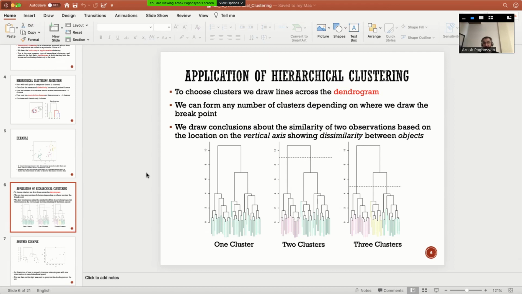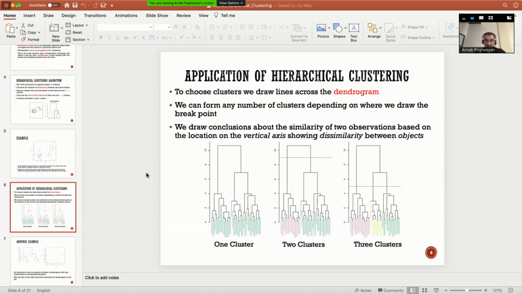When you have a multi-dimensional case, you don't have any visualization opportunities. So you can just draw the corresponding dendrogram, because independently of how many dimensions you have, you always have a dendrogram, and the dendrogram is showing the distances between observations and between the clusters.